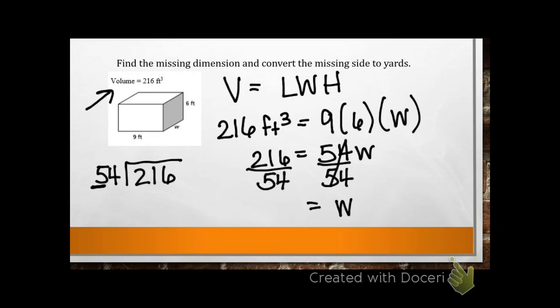I don't know how many 54s there are in there right off the bat, so I'm going to see how many 5s there are in 21. 5 will go into 21 4 times. 4 times 4 is 16. 4 times 5 is 20, plus 1 is 21. So 54 goes into 216 4 times, and it's exact. So my answer is going to be 4 feet. Does everybody see that?